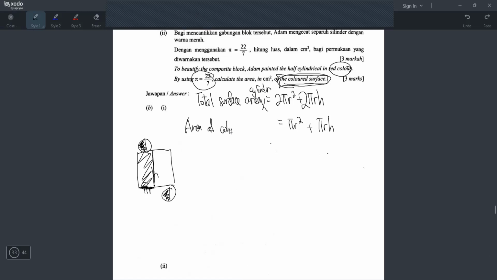Actually, you can also write surface area of half cylinder. Pi, they say use 22 over 7. So let's follow 22 over 7 times r square. What is the radius of the cylinder? 3.5 square. And then plus pi, which is 22 over 7, times radius times height.